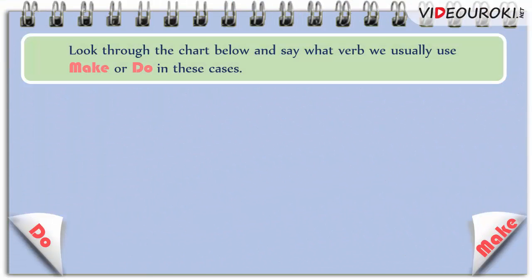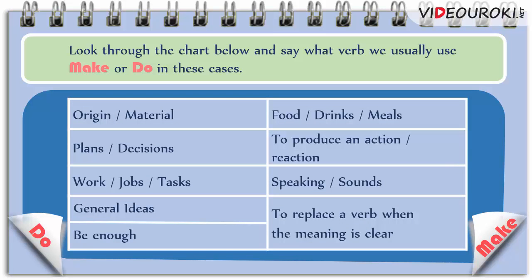Look through the chart below and say what verb we usually use, make or do, in these cases. Now check yourselves. Origin or material. Make.